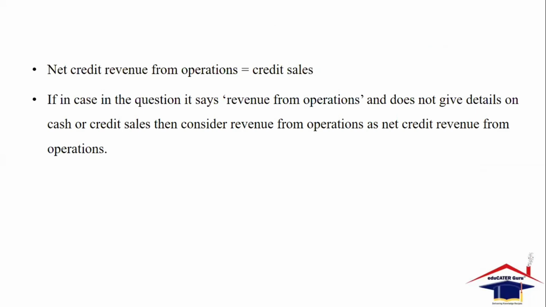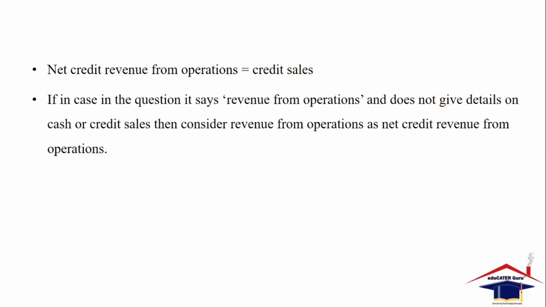When you have not received cash for your sales, you have sold it on credit. So that is when the concept of trade receivables arises. So for calculating that ratio, you'll obviously consider only credit sales and not cash sales.